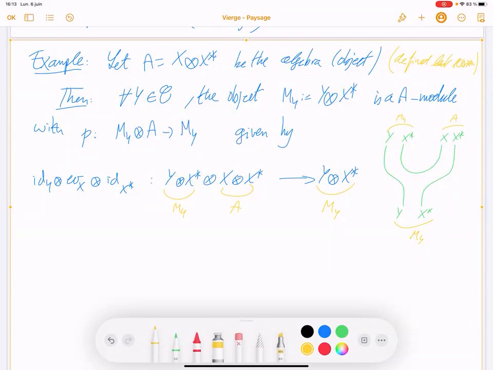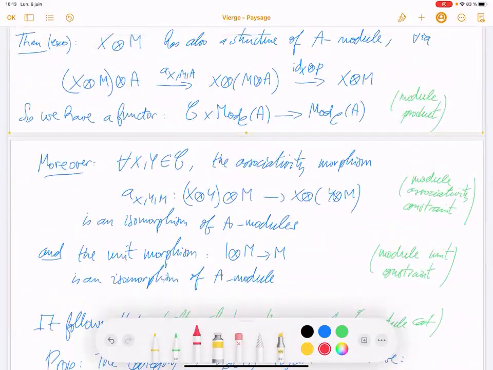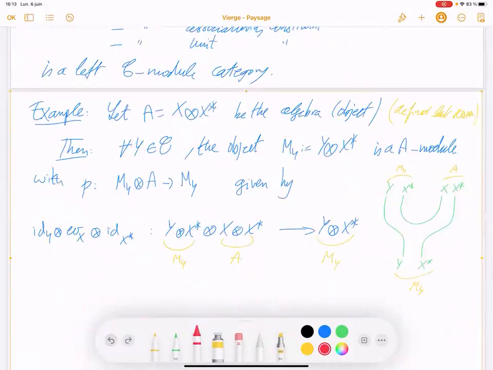In fact, we just take one object and we get one A module. Now here in this construction, just one object and we get one A module, but for this specific algebra object.